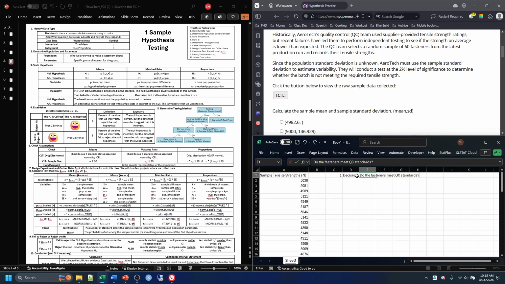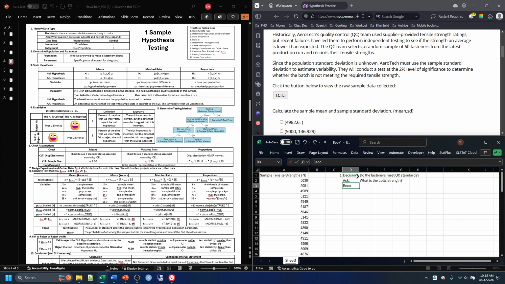So that's like our basic decision question. And we're asking specifically, what is the bolt's tensile strength? Or we'll just put in, what is the bolt strength.